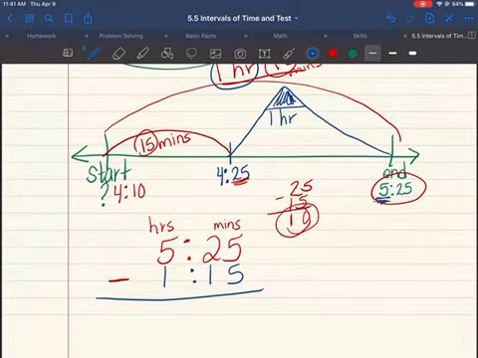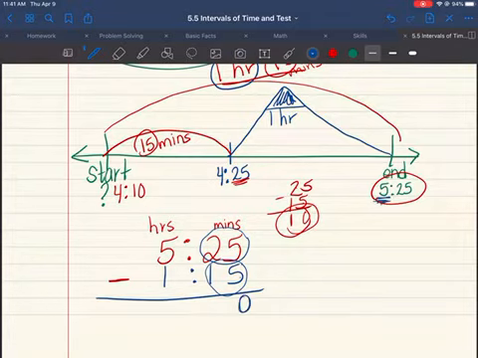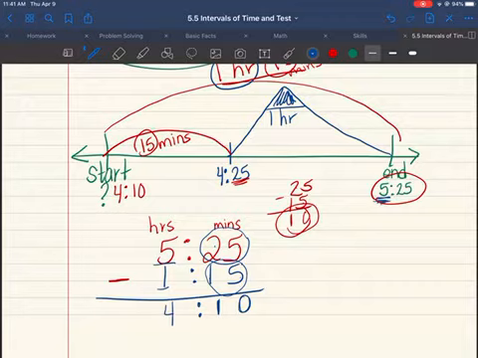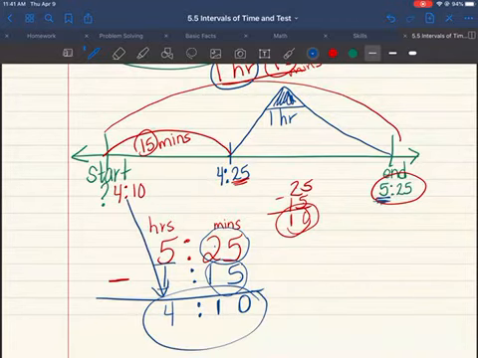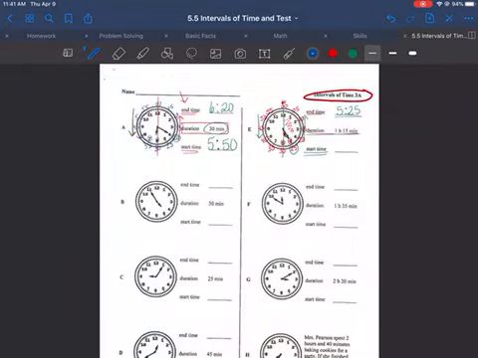So I'm going to say 25 minus 15. 5 minus 5, 0. 2 minus 1, 1. Notice that we did not have to regroup there. 5 minus 1 is 4. Did we get the same start time? We sure did. So my start time is going to be 4:10.